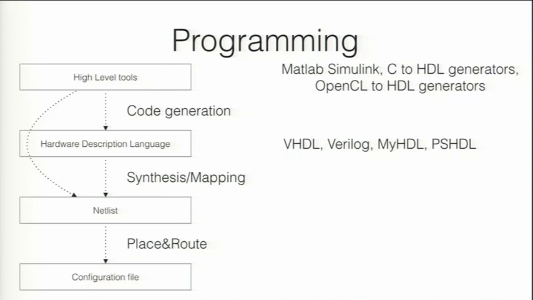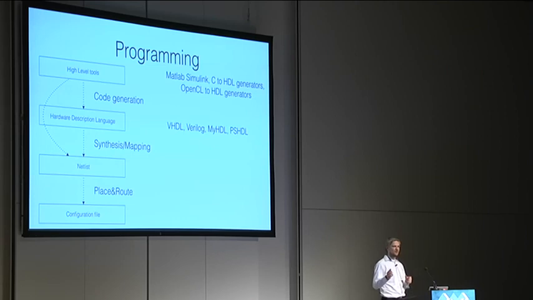Also, there is a very poor attempt of automatically converting C to HDL, and the vendors say this is the best idea ever, and no, it's not. At least for the next 10 years. So don't do that. There is an attempt of porting OpenCL to a hardware description language, which I think might actually work, and it might not be as bad as saying, just give me your C code and I will make it faster on the FPGA, which will never be true.